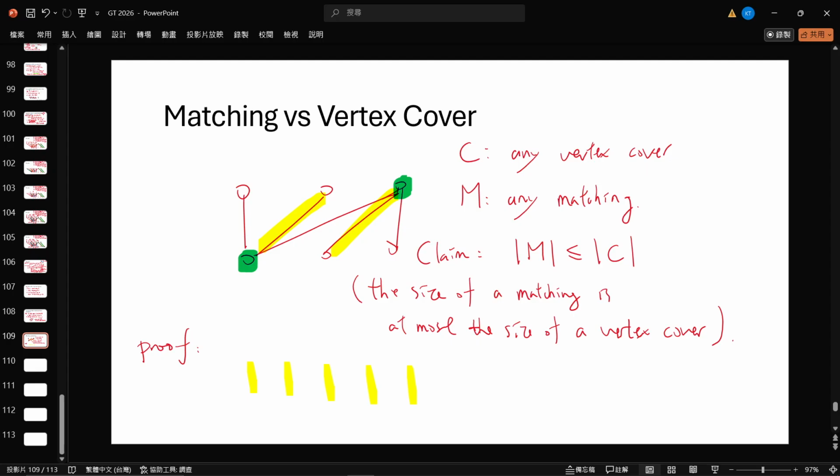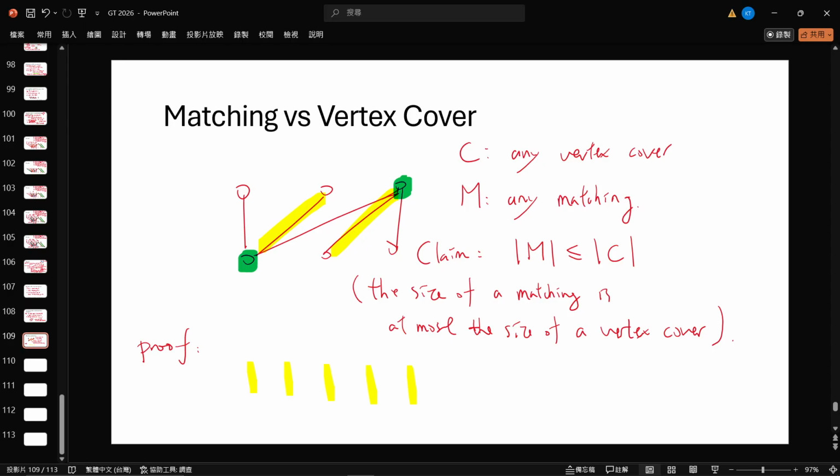And the reason is that edges in the matching cannot share endpoints. They cannot touch each other. So if you want to cover 2 edges in the matching, you must use at least 2 vertices. You cannot use one vertex to cover multiple edges in the matching.